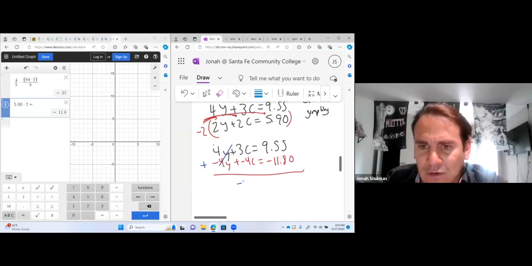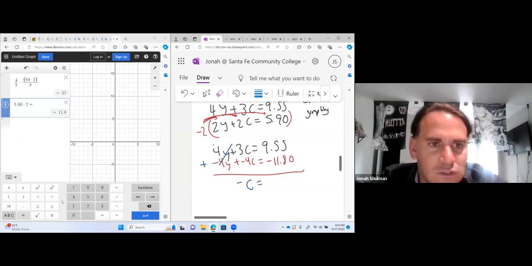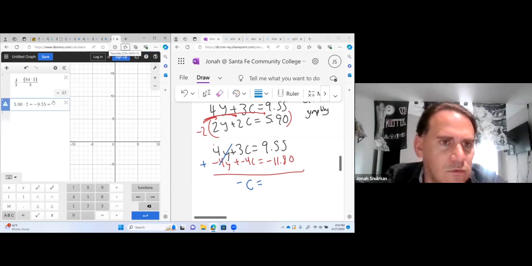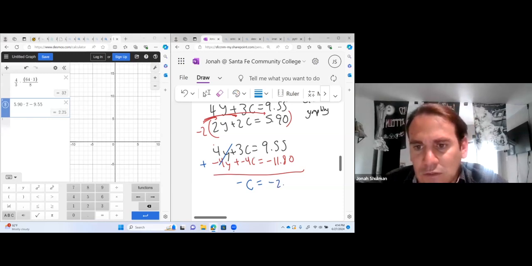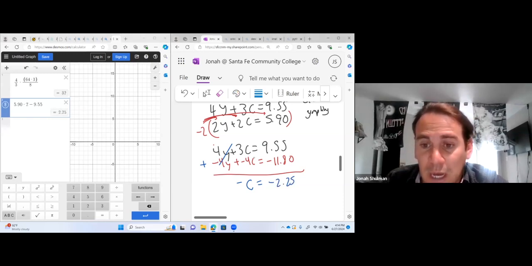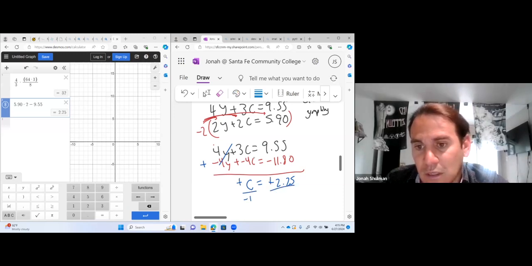I'm left with -1c equals, well, we could just subtract 1180 minus 955 because one's positive and one's negative. $2.25. It's a -$2.25, but we can make it positive, right? By dividing both of them by -1. And that's how we got the positive $2.25.